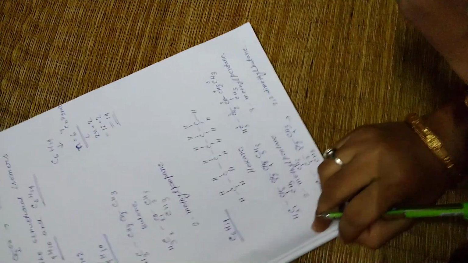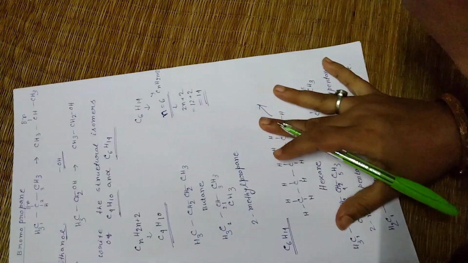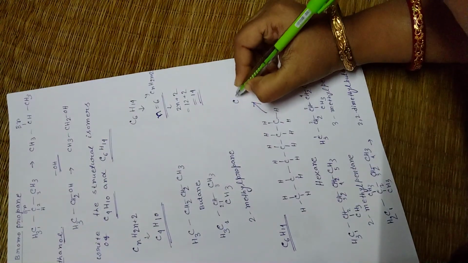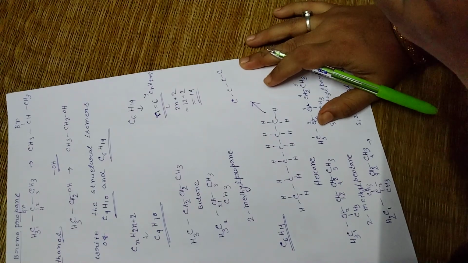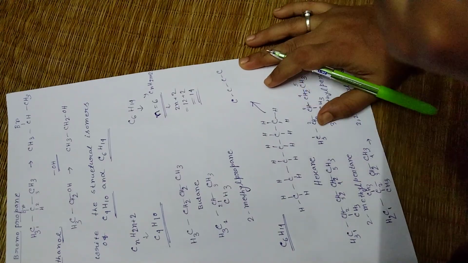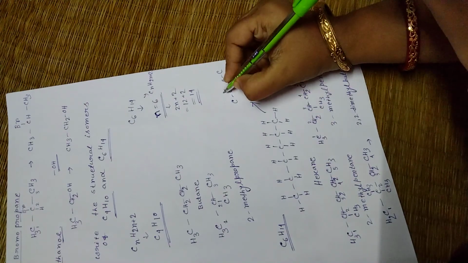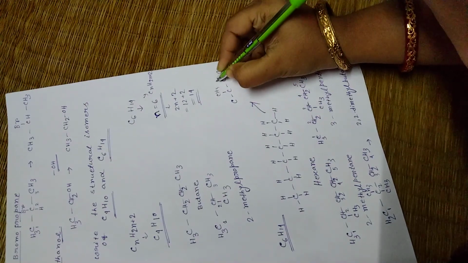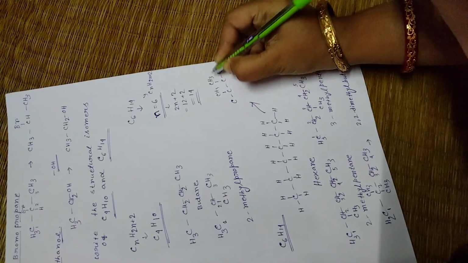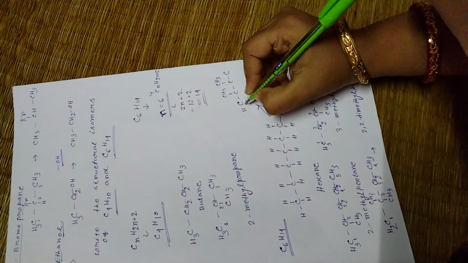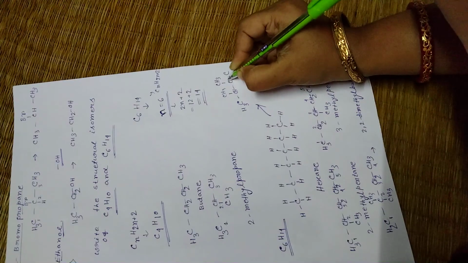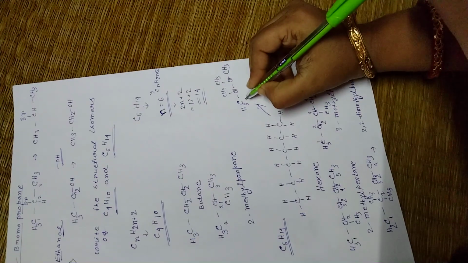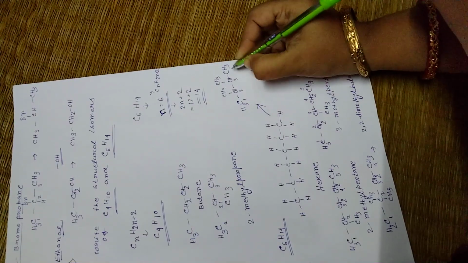Another isomer that can be drawn here: we make a chain of 4 carbon atoms and attach 2 CH3 groups at different positions, here and here. Now here 3 hydrogens needed for valency, here 1, here also 1, here 3, and we do the nomenclature 1, 2, 3, 4.